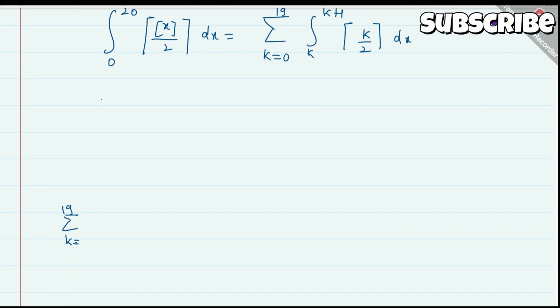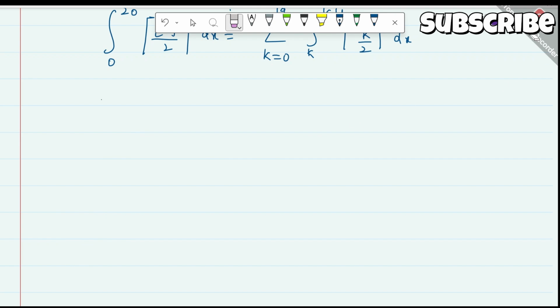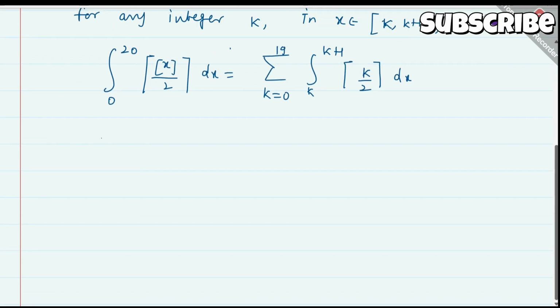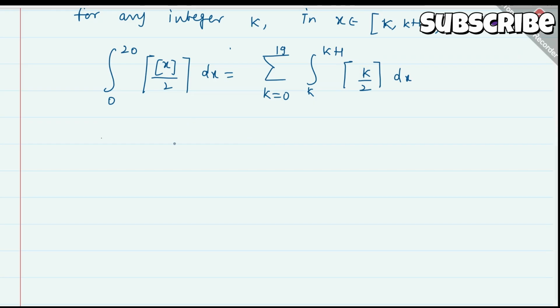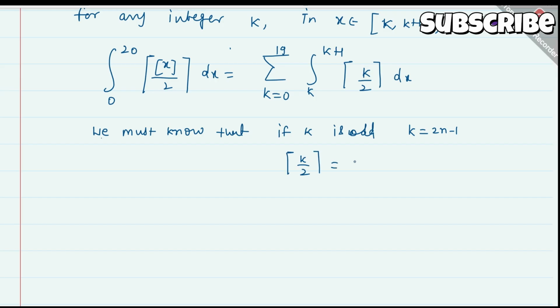Now we must know that if k is odd, that is k equals 2n minus 1, then the least integer function of k over 2 is the least integer function of (2n minus 1) over 2, that is n minus 1 over 2, and this equals n, where n equals (k plus 1) over 2.